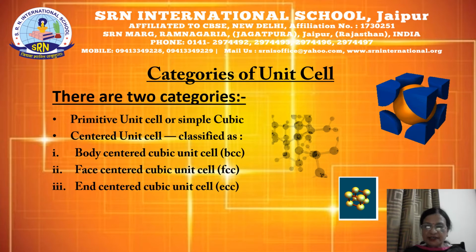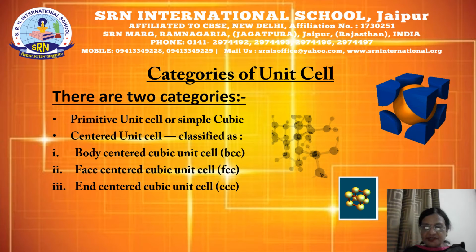Centered unit cell is again classified as body-centered cubic unit cell (BCC), face-centered cubic unit cell (FCC), and end-centered cubic unit cell (ECC). Body-centered cubic unit cell has 8 lattice points present at the 8 corners along with 1 lattice point present at the center, which is called the body center.